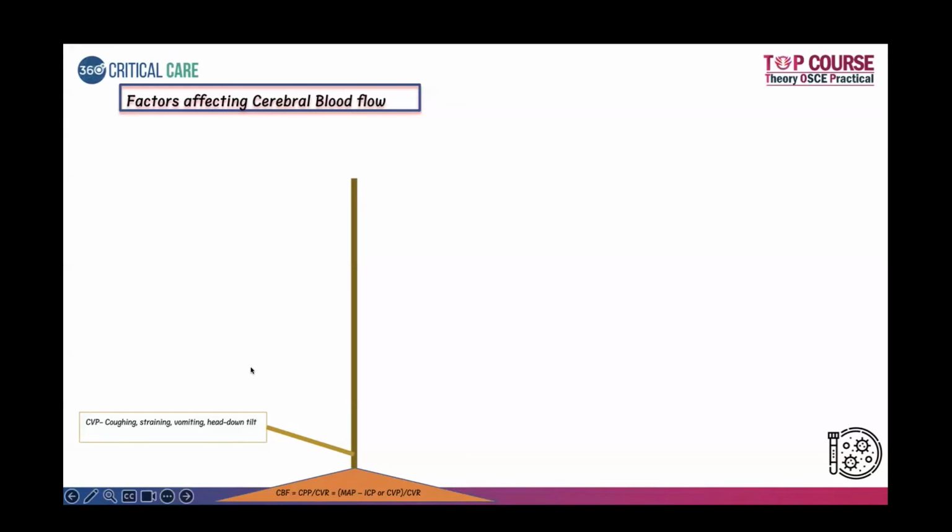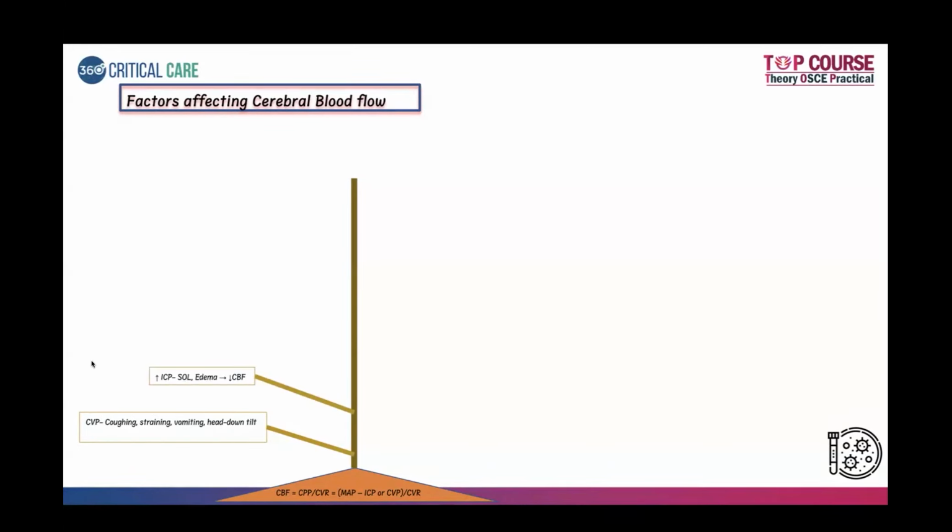Again, CVP is raised, so your CPP minus the CVP number will be less, and in that case your cerebral blood flow can be less. So either way, if the CVP gets higher, then the blood supply to the brain decreases.